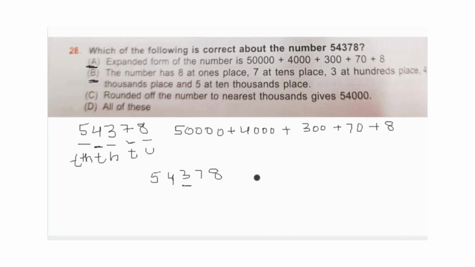When a number is less than 5, we round it off to the smaller number, which is 54000, which is also true. So option A, B and C all are true. That gives us the correct option as D, all of the above.